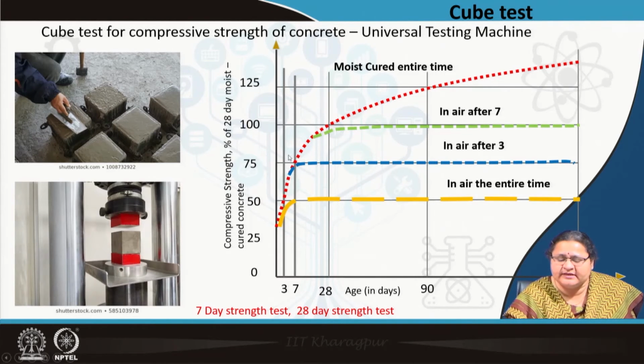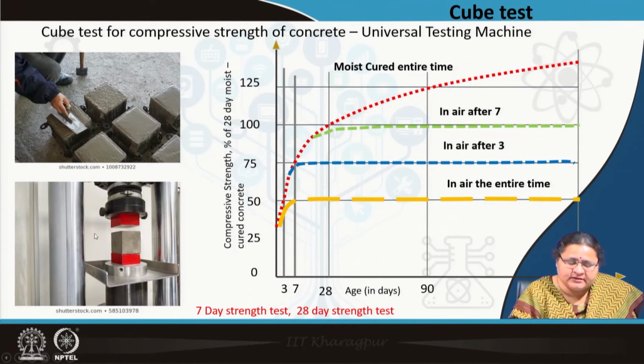However, mostly on 28 days this moist condition and all are withdrawn, and you will get almost a 100% strength gain by 28 days, and that is noted down. That is the design strength.